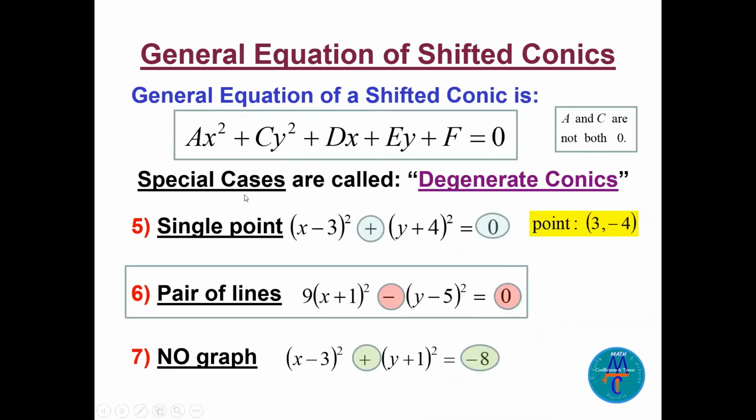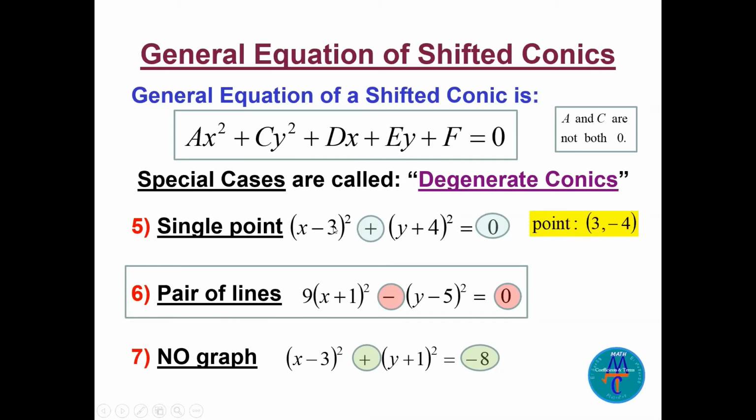Now the other 3 possibilities, 5, 6, and 7, we call them degenerate conics. That means they are not true conic sections. They can be a single point, a pair of lines, or no graph. Always you have to complete the square on x and y.